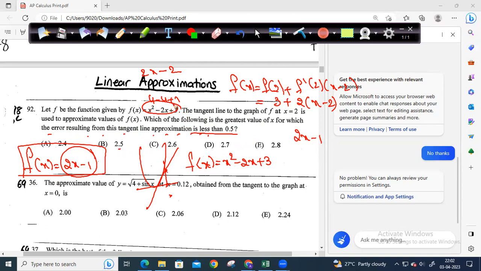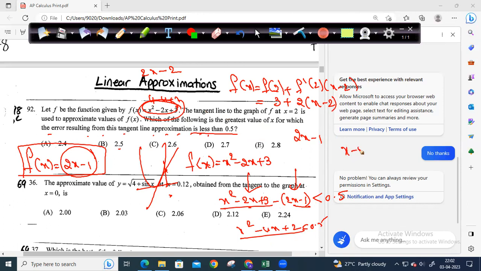So what is the error here? Actual value is x square minus 2x plus 3, minus the predicted value 2x minus 1. This is the error. Actual value minus predicted value will give you the error. This should be less than what? 0.5. So just subtract: x square minus 4x plus 2 is less than 0.5. x square minus 4x plus 2 is x minus 2 whole square. x minus 2 whole square should be less than 0.5.